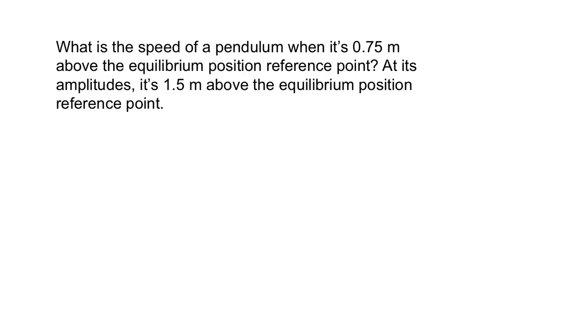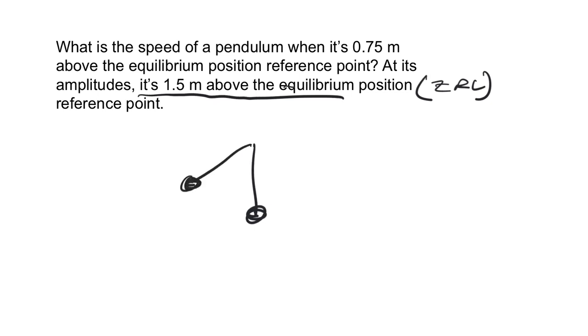Okay, we should definitely do this one. A picture would have helped. At its amplitude it is 1.5 meters above the equilibrium position. They should have said, instead of equilibrium position, zero reference line. So here's the amplitude. When it's up there, it's 1.5.